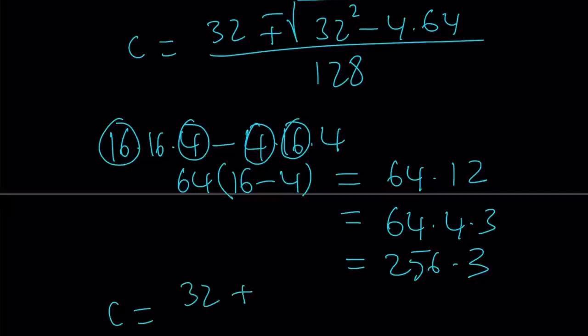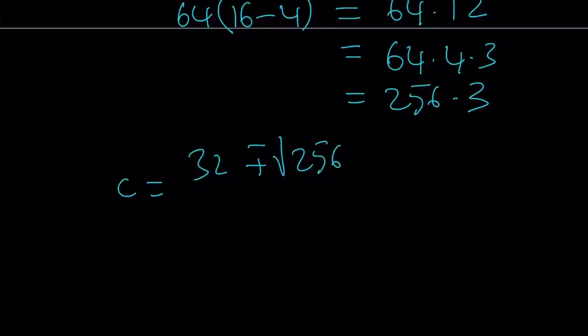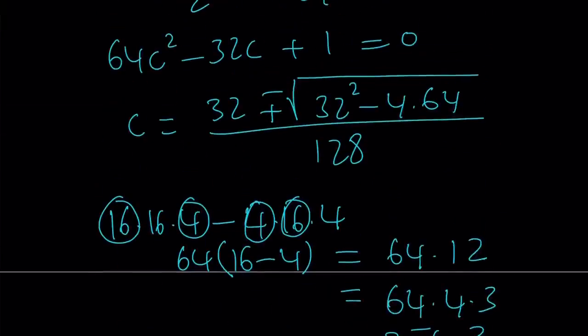Now, let's go ahead and plug it in. We have now the square root of 256 times 3. I could easily take it out, but I just wanted to take an extra step here. Let me erase that. It's too crowded here. So let's go ahead and write it here. c equals 32 plus or minus the square root of 256 times 3 divided by 128. That was the bottom, right? Okay, great.